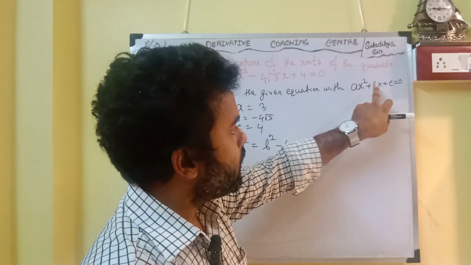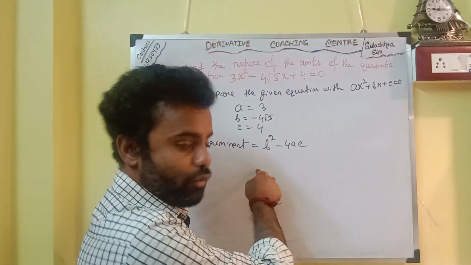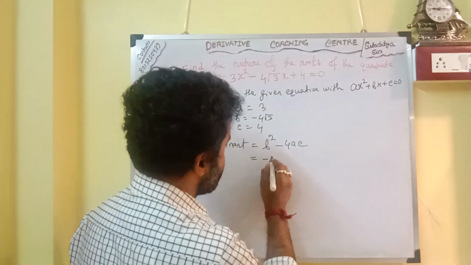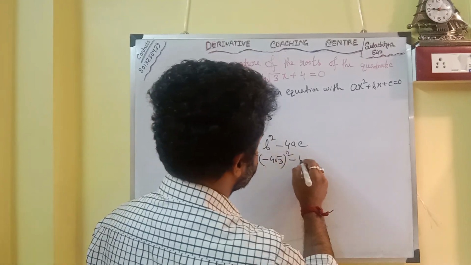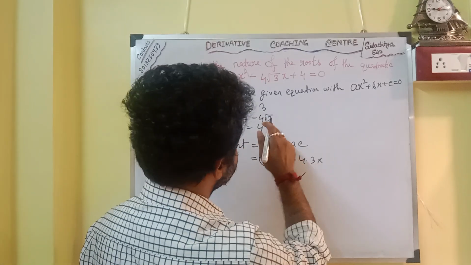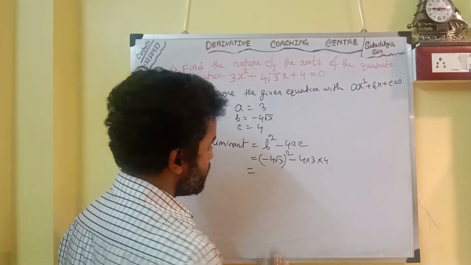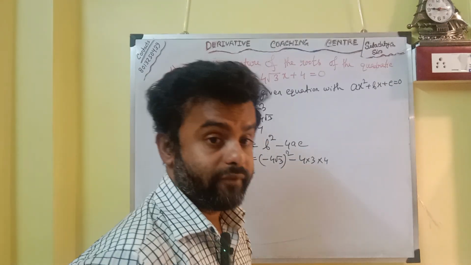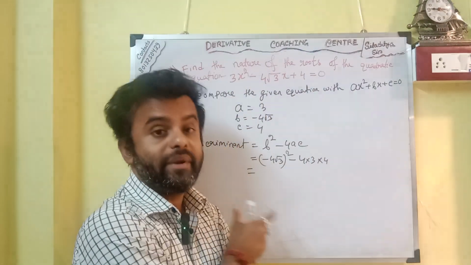From this equation, put the value of b, that is minus 4 root 3, whole squared, minus 4 into the value of a, which is 3, and the value of c, which is 4. To find the nature of the roots you have to find the discriminant value.